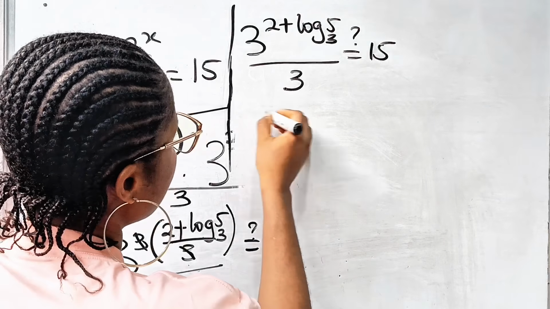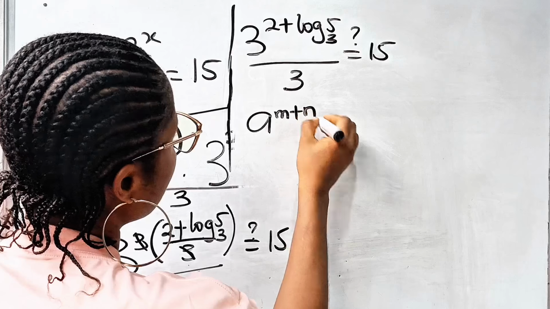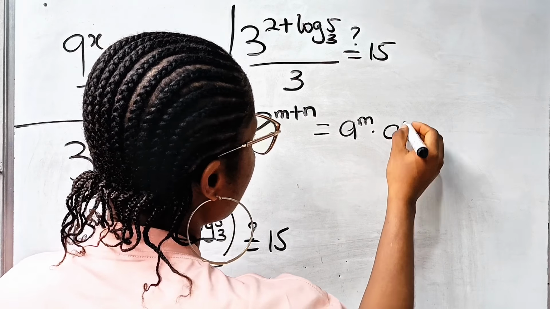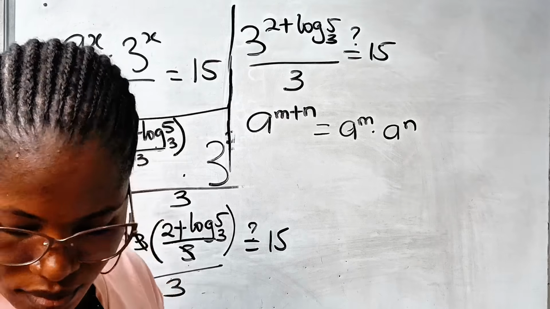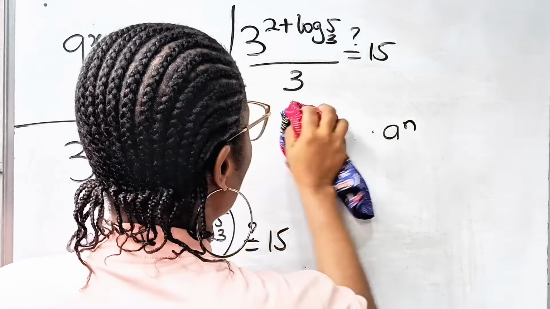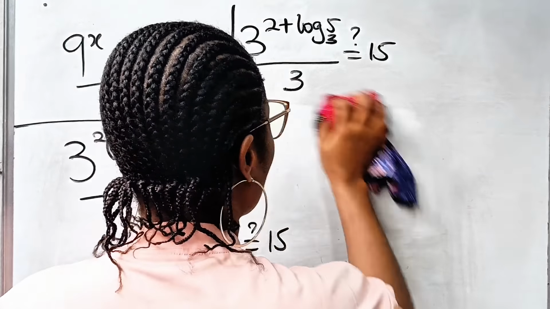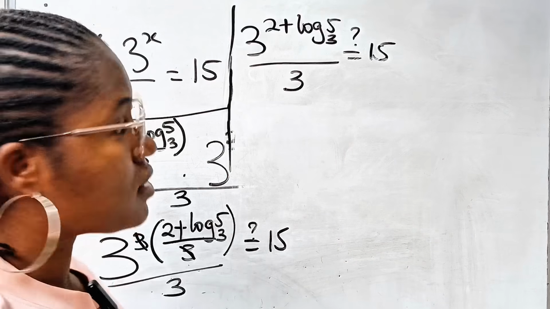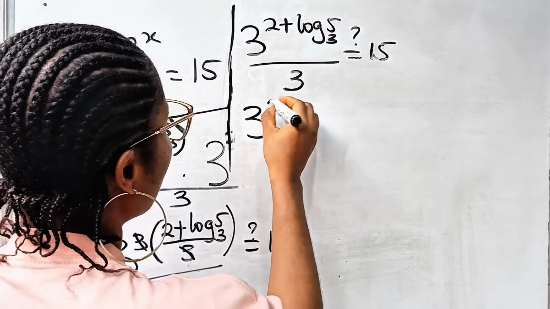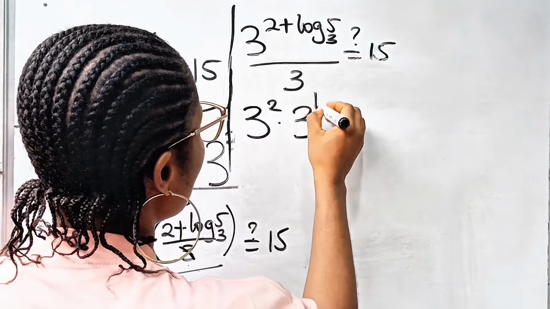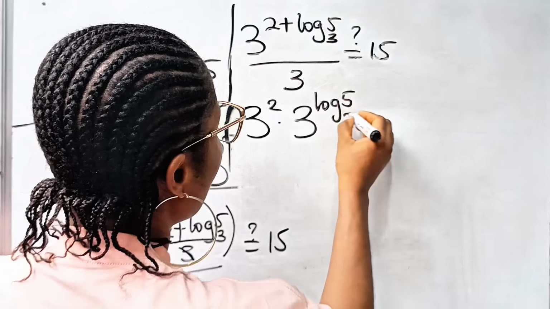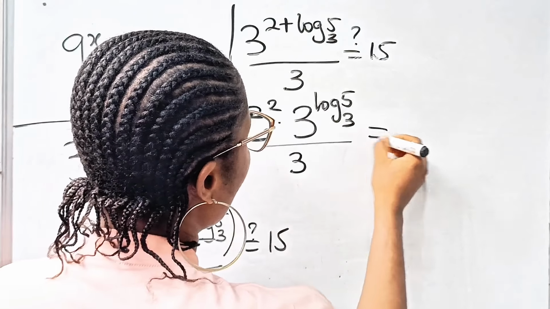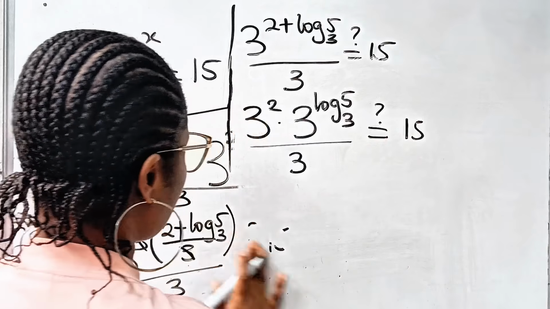Now remember that a to the power of m plus n is equal to a to the power of m multiplied by a to the power of n. Therefore, we can write this as 3 to the power of 2 multiplied by 3 to the power of log 5 base 3. Everything divided by 3. Now, is this equal to 15?